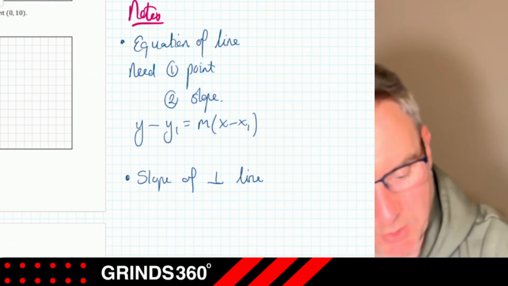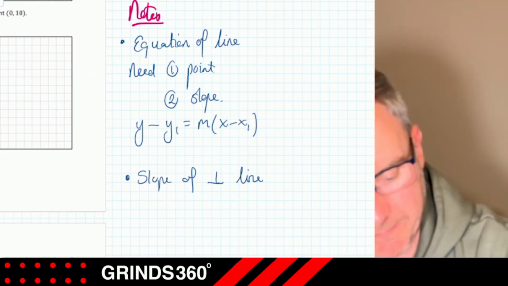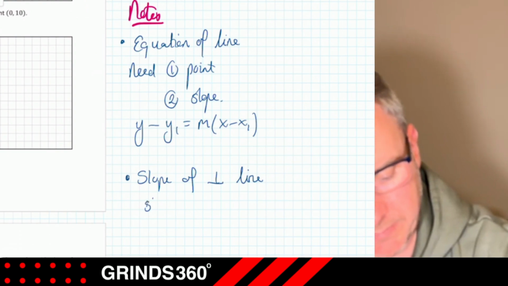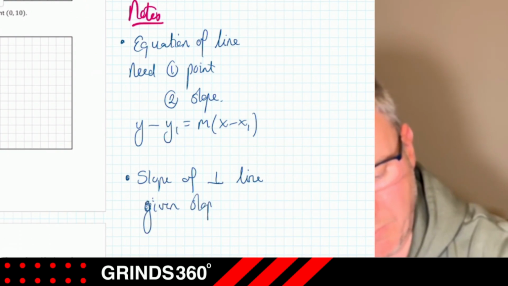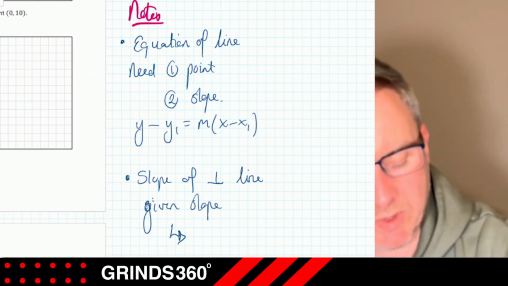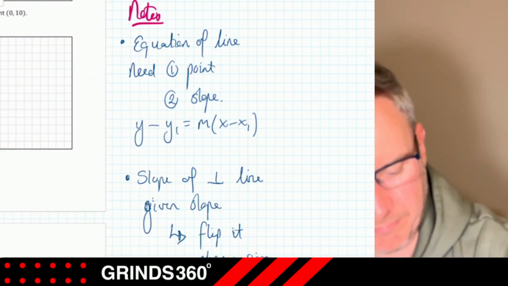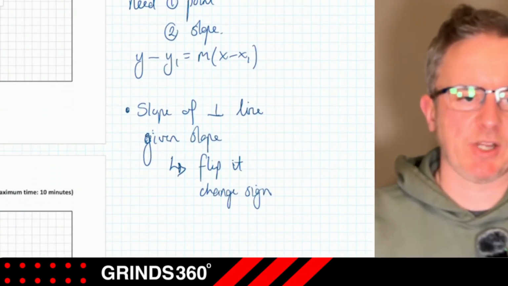So the slope of a perpendicular line, you take the given slope, and what do we do? We flip it and change the sign. Okay, so we're going to flip it and change the sign.